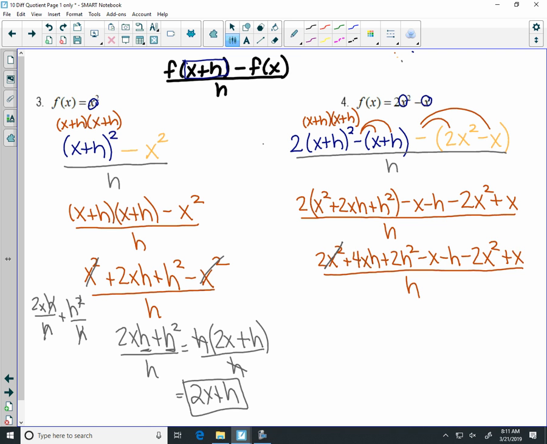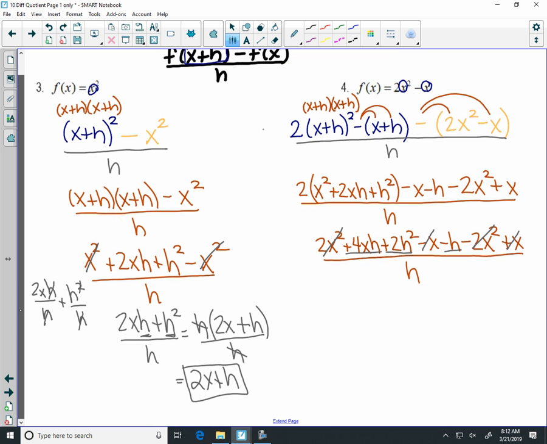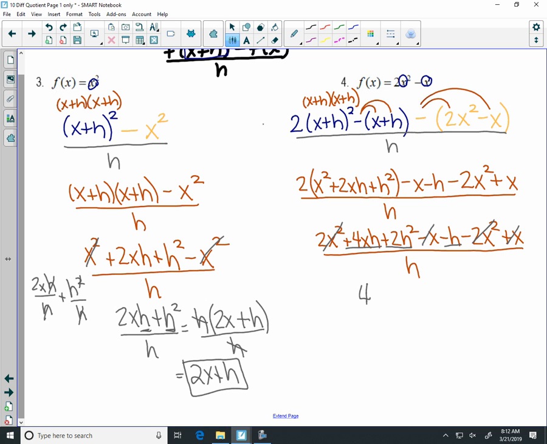So I have positive 2x squared and negative 2x squared. I have a negative x and a positive x. And what I'm left with is positive 4xh, positive 2h squared, and negative h over h. So since I have h's everywhere, I'm going to be in good shape. 4xh plus 2h squared minus h all over h.